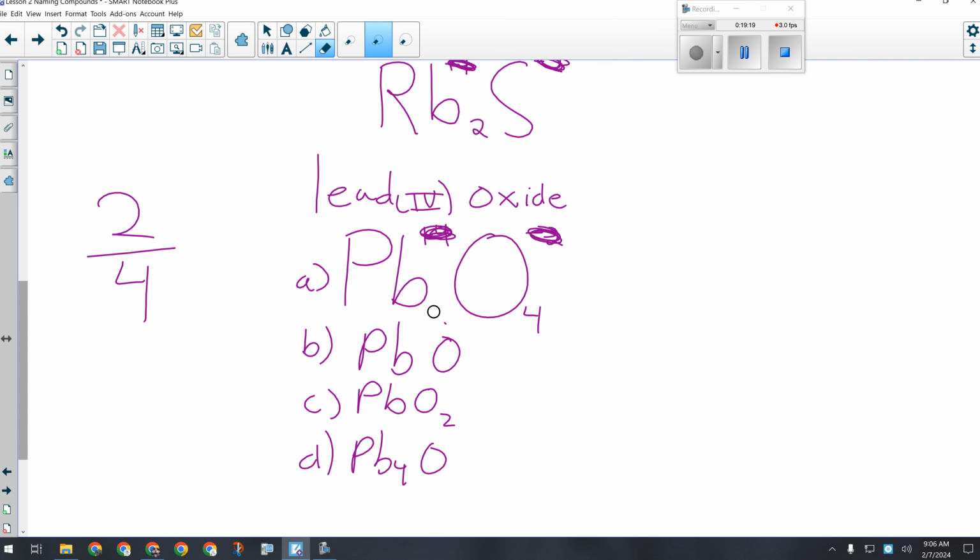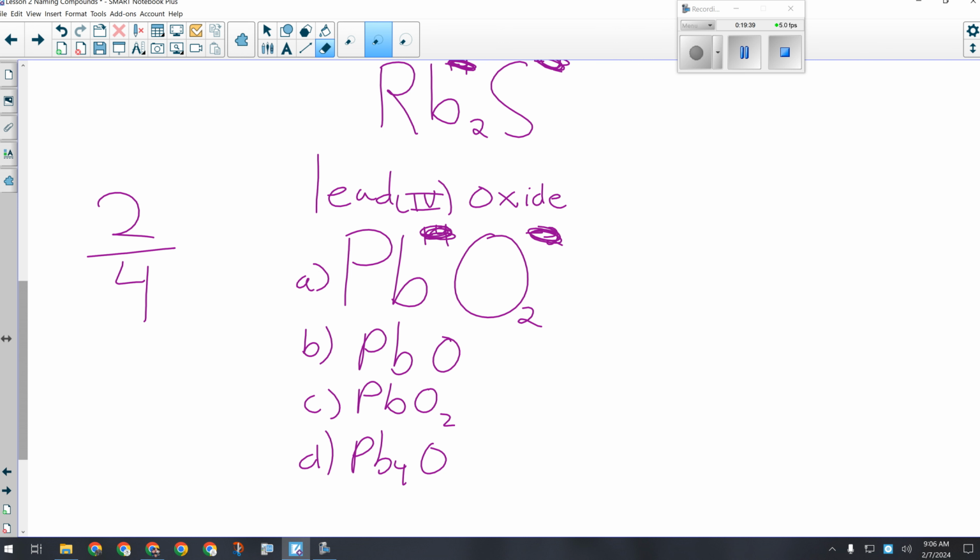The correct formula for lead 4 oxide is PbO2. Both of those numbers could be divided by 2, thus both of those numbers must be divided by 2. Would the same thing apply if I got the same number?